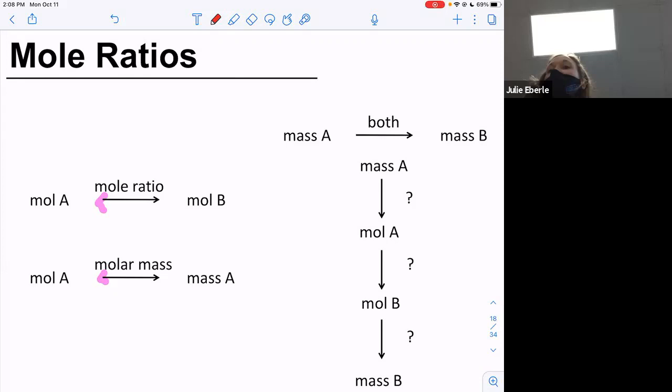I know that for every 1 mole of whatever I'm talking about, pennies or people or here, molecules of tungsten oxide, it is Avogadro's number of molecules: 6.022 times 10 to the 23 molecules of WO3.